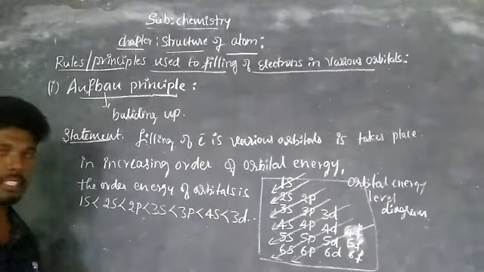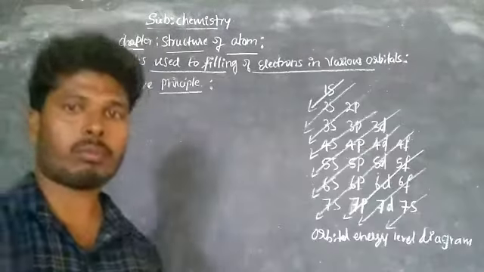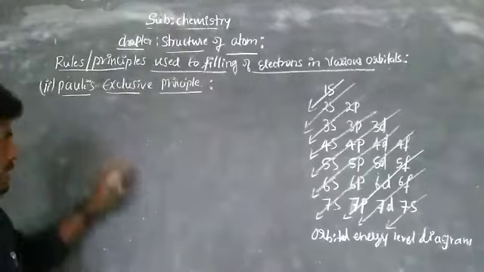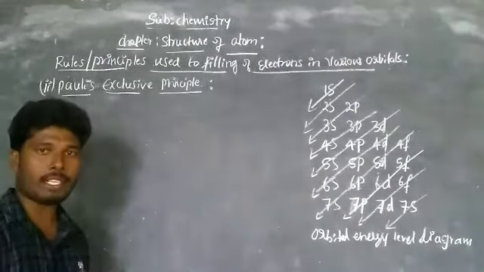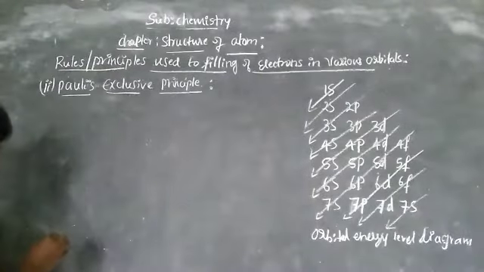The next one is Pauli's exclusion principle. That is the second principle.